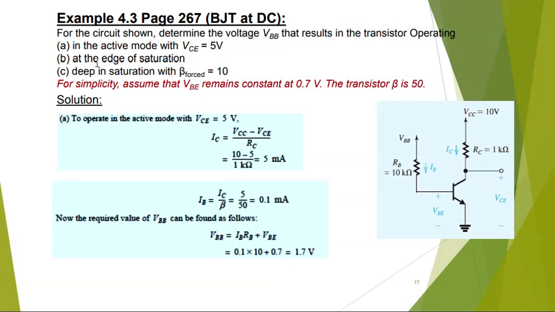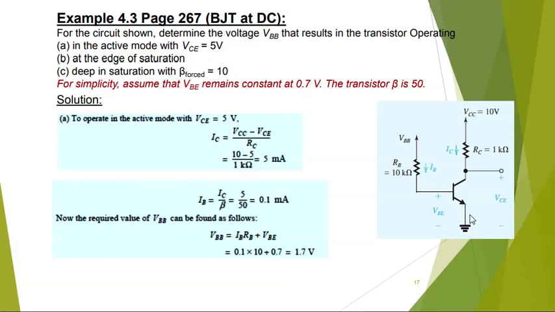Then we want to find VBB for the case that we are at the edge of the saturation. I just told you that for the saturation, where VCE becomes 0.2, we're in saturation. And it cannot go below that, and we will consider it to be 0.2. So the edge of the saturation is like 0.3, right above the 0.2. At VCE equals 0.3, we're at the edge of the saturation.